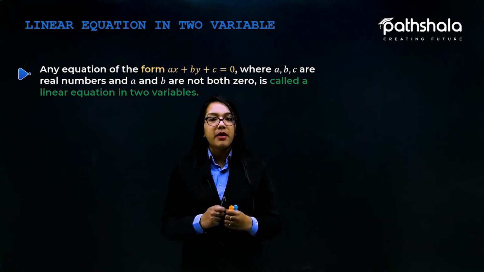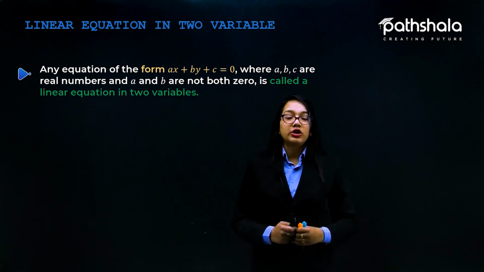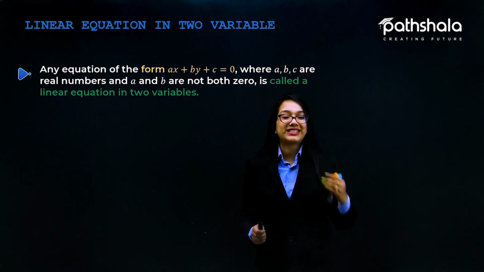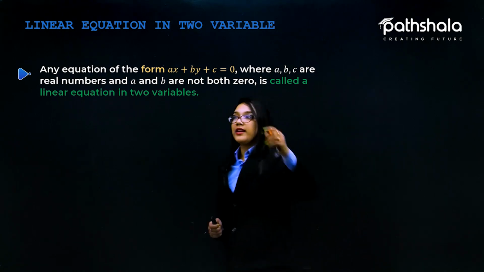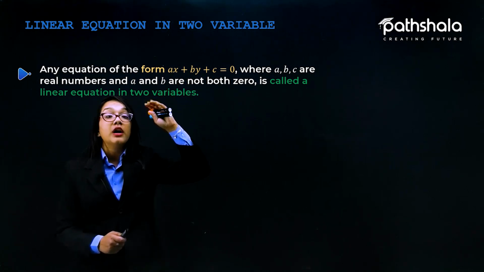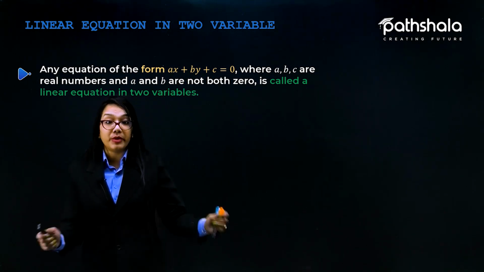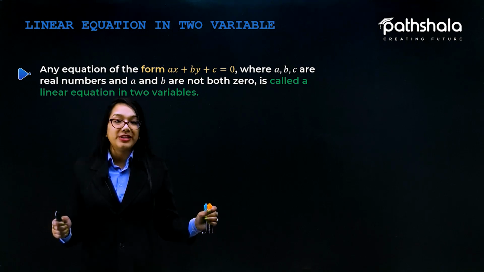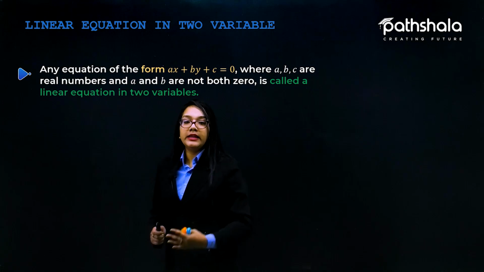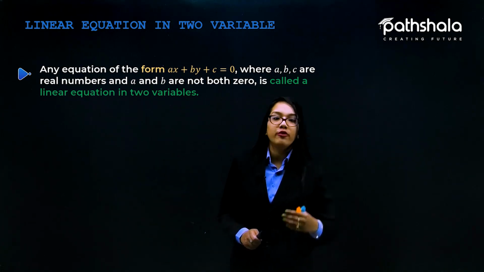So always remember, a, b, c can be any real numbers, and the condition is that a and b are not both 0.